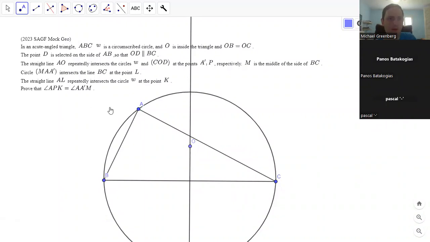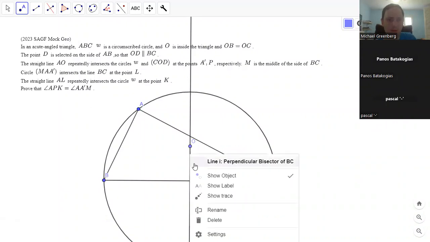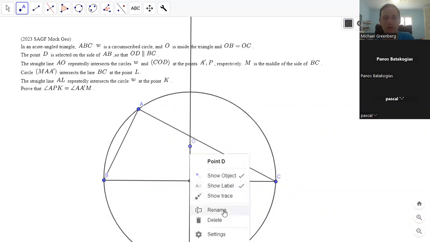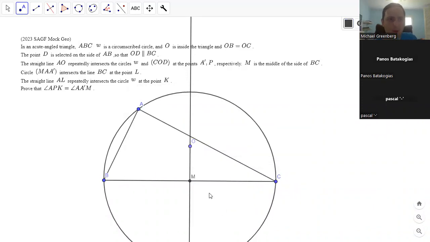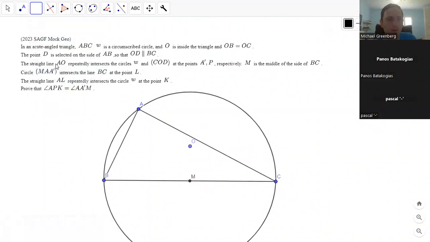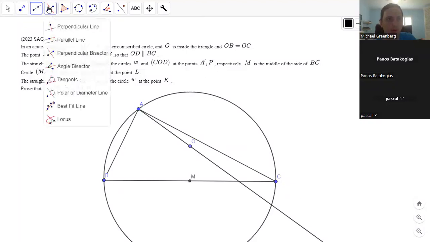I'm going to draw the midpoint of the side. It says M is the midpoint. And we see where line AO meets this circle. Okay, so D is on AB so that OD is parallel to BC.